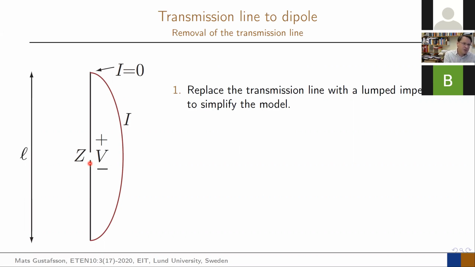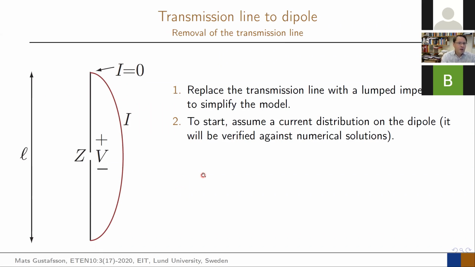Because of course, when I go to the antenna, I still have this current that sits outside here. I have to deal with that one, but I have to use that current to compute these parameters I need for the circuits. So we again assume we have a current that sits here. So we have a current density of the antenna. And later on, we can do numerical calculations to validate it.